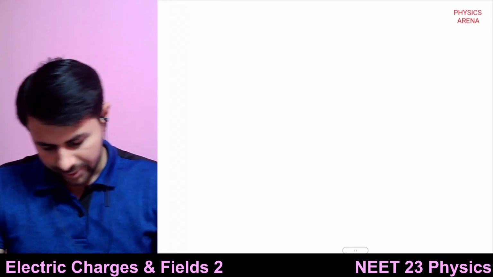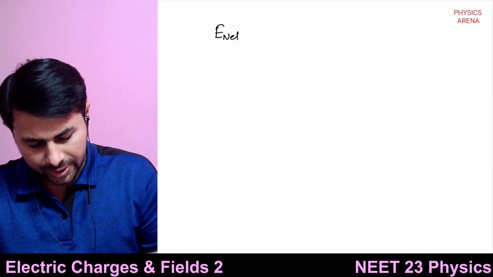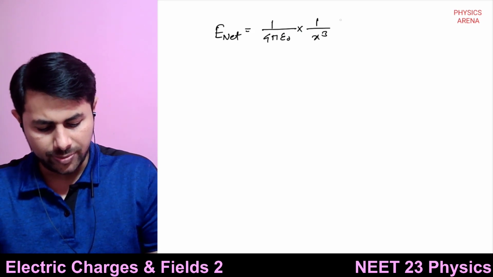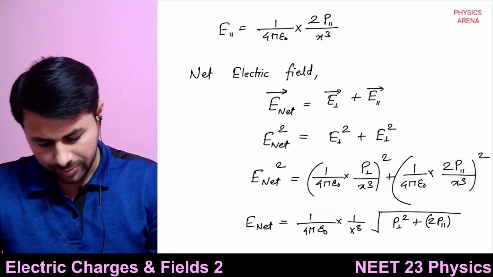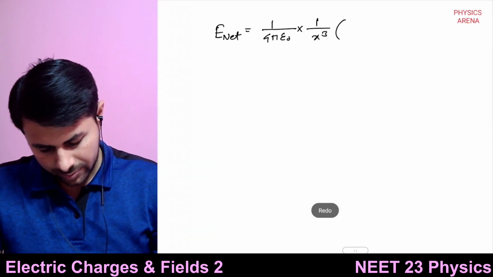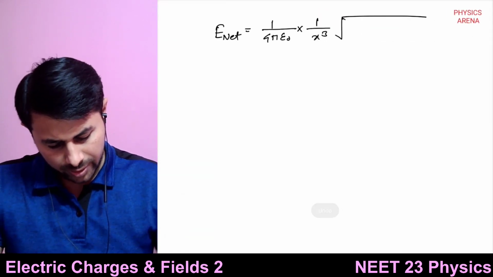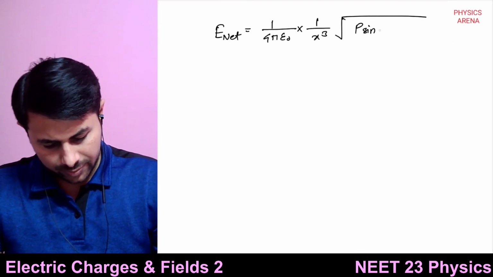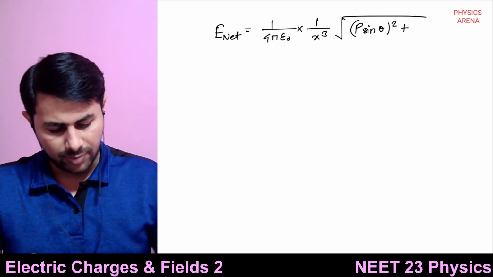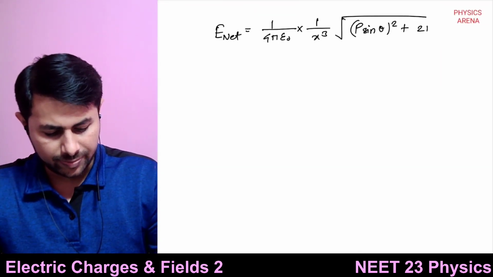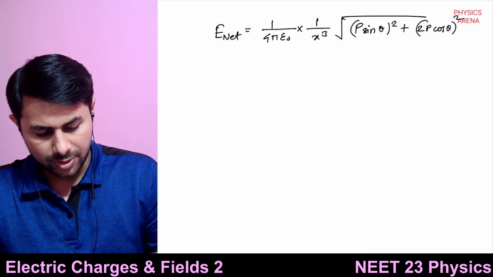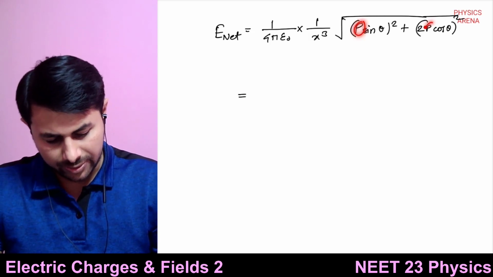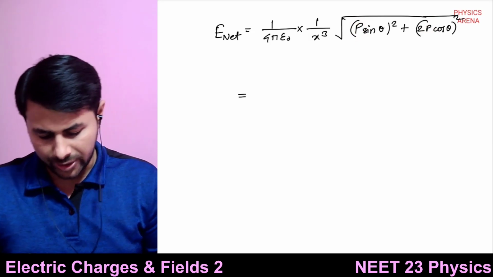Let's substitute that. So we get E net is equal to 1 upon 4 pi epsilon naught multiplied by 1 upon x cube. So here we have square root of P sine theta square plus 2 times P cos theta square. Okay. And then we'll have P square from here, P square here also. We can take it outside of square root.